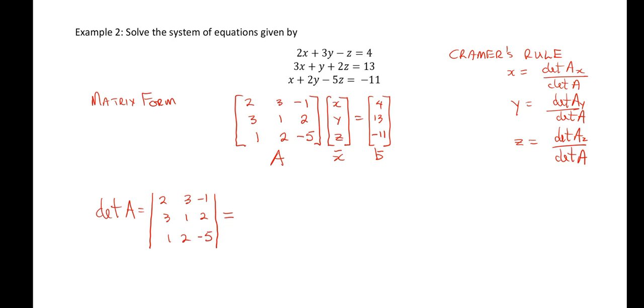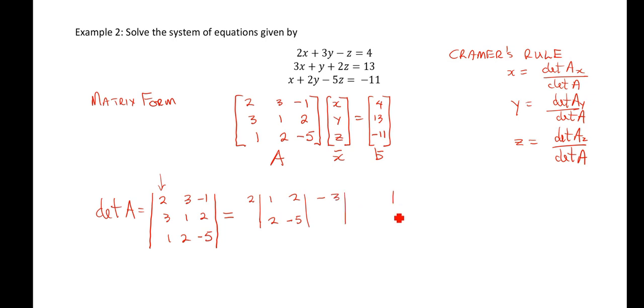Expand, and I've chosen the first column, so I've gone that way. So it will be plus 2 times, and by now you can surely do this all at once, 1, 2, 2, minus 5. The 3, the place sign is minus.